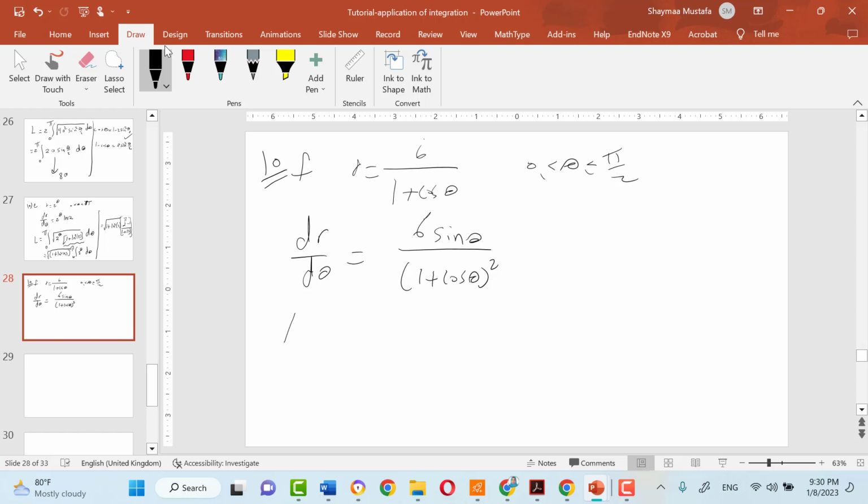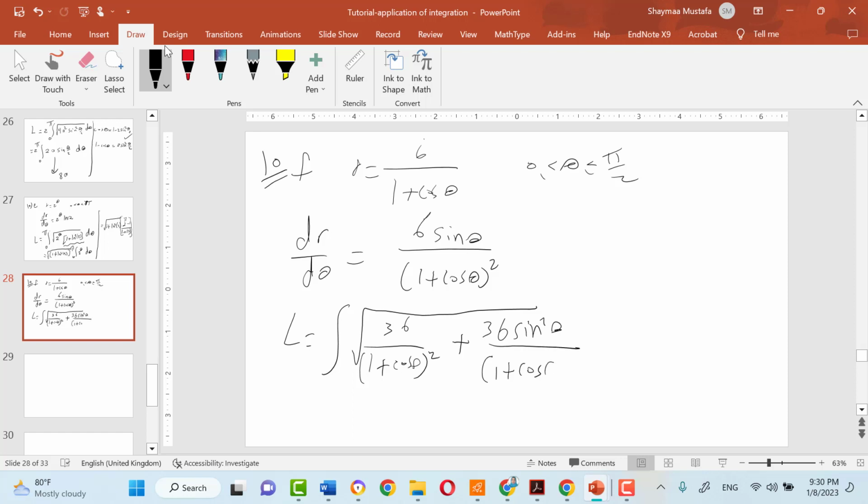So the length is the integration of r square, which is 36 over (1 plus cos theta) square, plus dr over d theta square, which is 36 sine square theta over (1 plus cosine theta) to the power 4, d theta. So this one I will take (1 plus cosine theta) square as a common factor outside the root, so it becomes 1 plus cosine theta here.